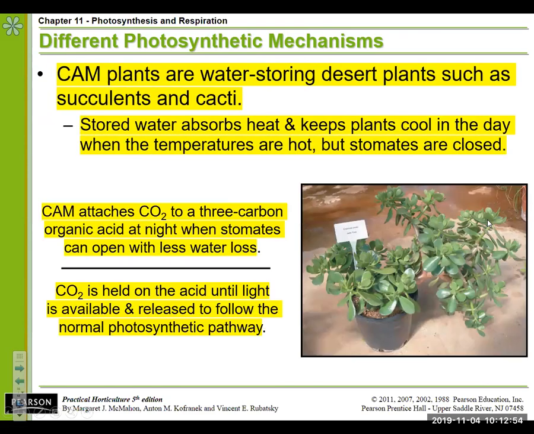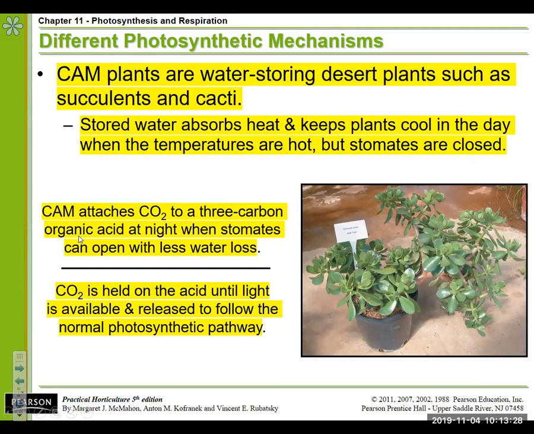We also have a CAM pathway as well. And the CAM plants are usually succulents and cacti, and they evolved in desert conditions, very arid conditions, where basically they're going to store water and absorb heat and keep the plants cool in the day when the temperatures are hot, but keep the stomata closed. But then that CAM attaches the carbon dioxide to a 3-carbon organic acid at night.